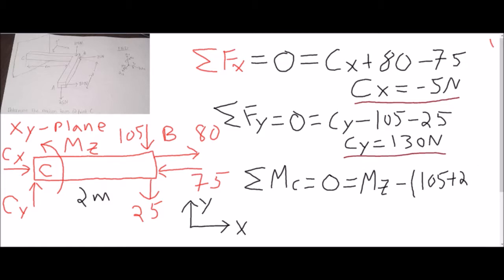And that quantity is also going to be multiplied by 2 meters because that's the length of the bar. So solve for Mz. We find Mz is equal to 260 newton meters.